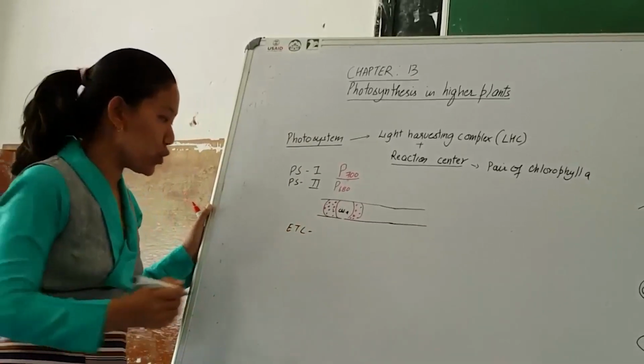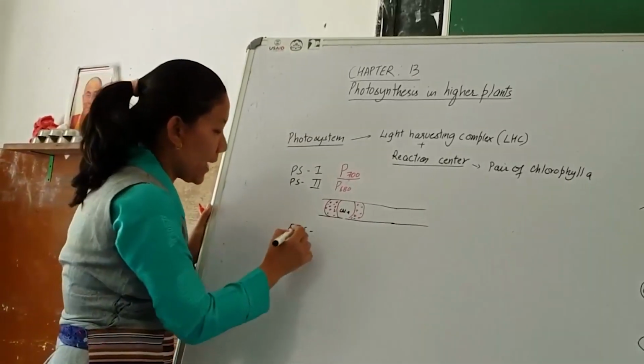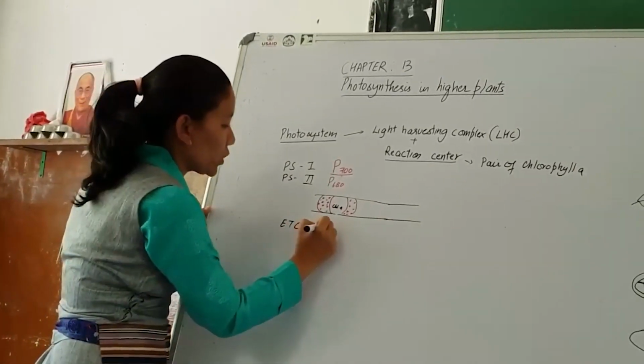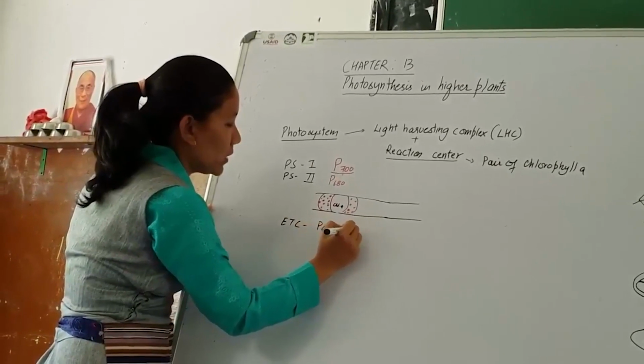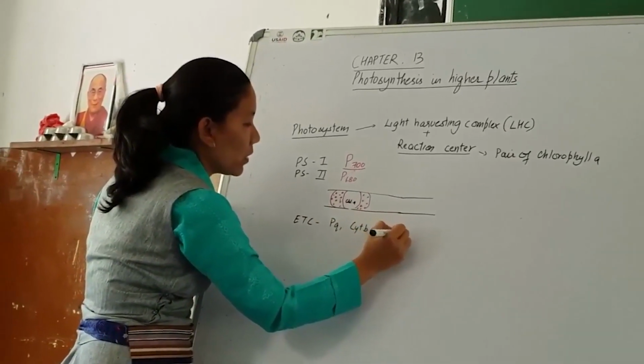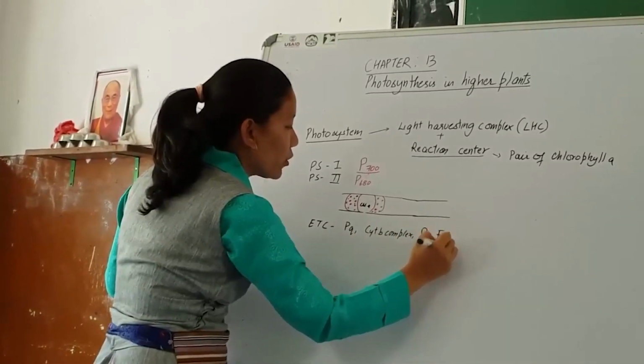This electron transport chain consists of a number of organic molecules, and this helps in the transfer of electrons. Like plastoquinone, cytochrome B complex, plastocyanin, and ferredoxin.